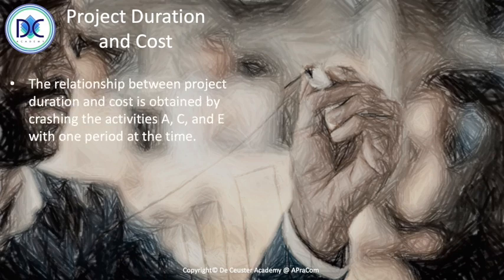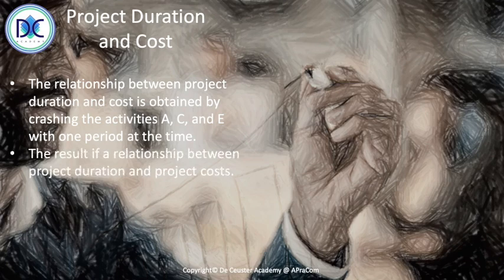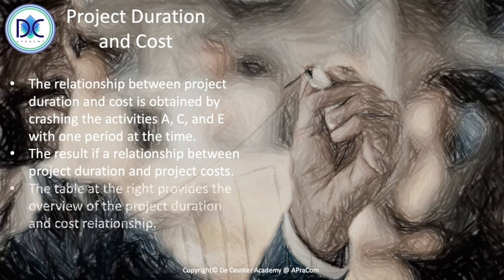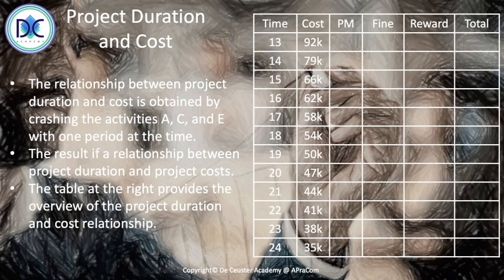Let's first start with the project duration and the cost when we look at crashing the activities A, C, and E. And we are going to crash them one period at a time. What we find here is a relationship between project duration and project costs. The table at the right provides the overview of the project duration and the cost relationship.